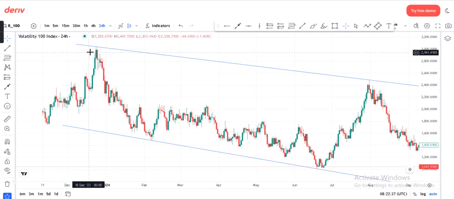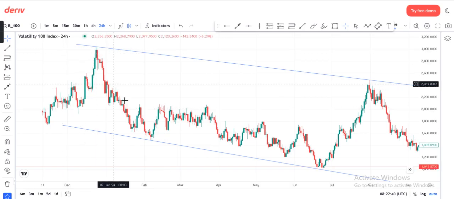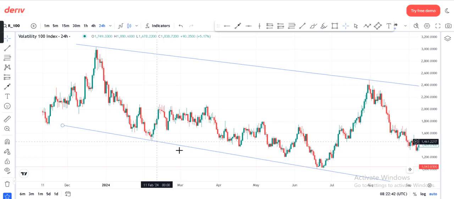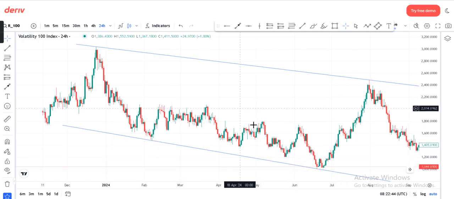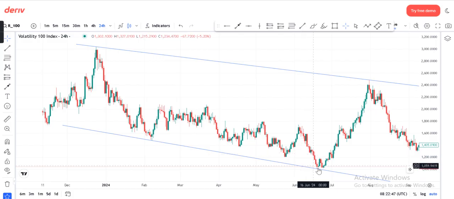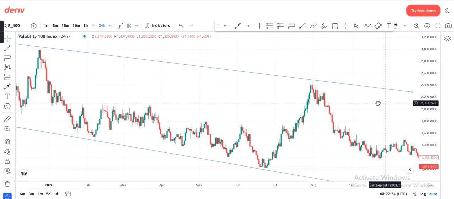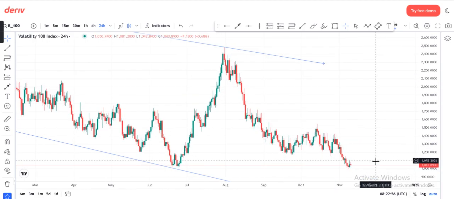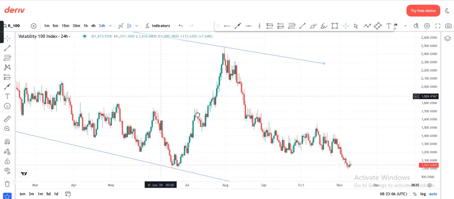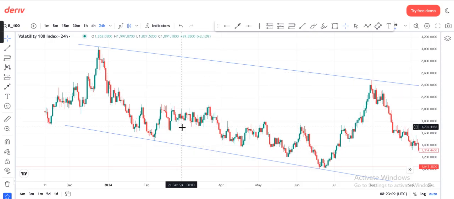From this area, the market dropped to the downside and tried rallying to the upside, bouncing around this trend line at the bottom, and from this point it pushed up, creating a resistance, and since that point price has started dropping again to the downside. This is very important because it helps us understand our bias in trading. You understand?